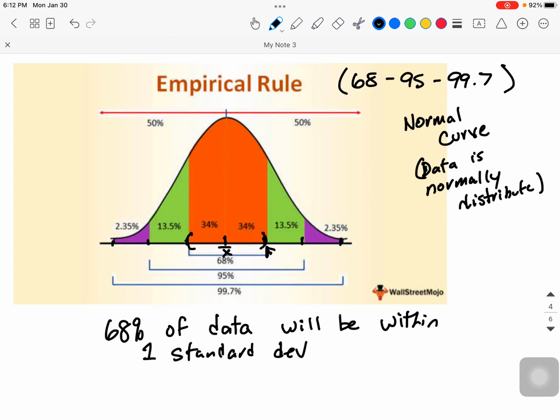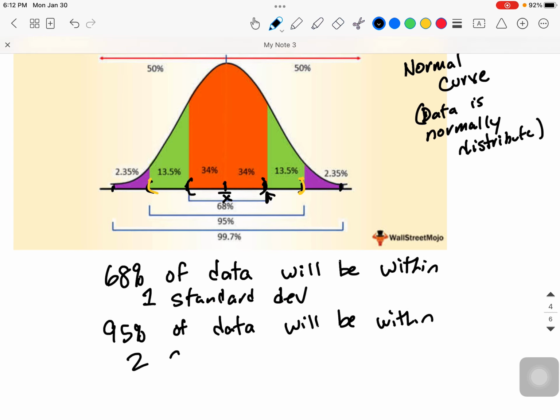But every time you get a little further out, more data is going to be included. So the next chunk, let me change colors. We'll do a yellow. This next chunk is 95% of the data will be within 2 standard deviations. The further I go out, the more people are included.